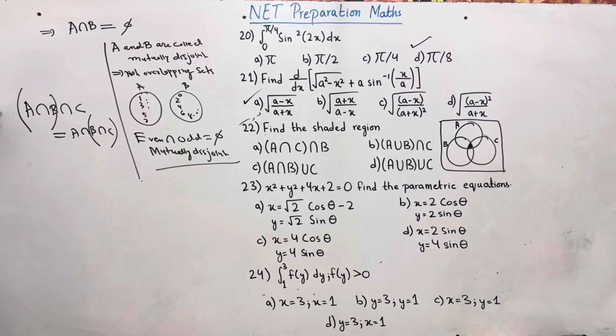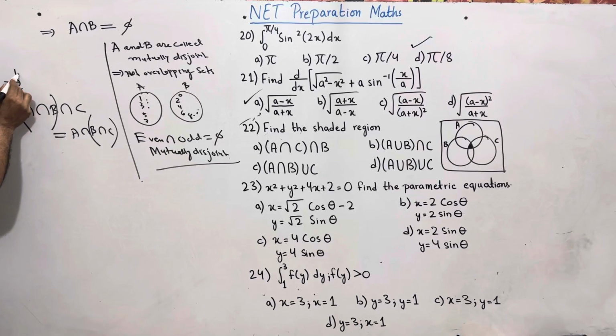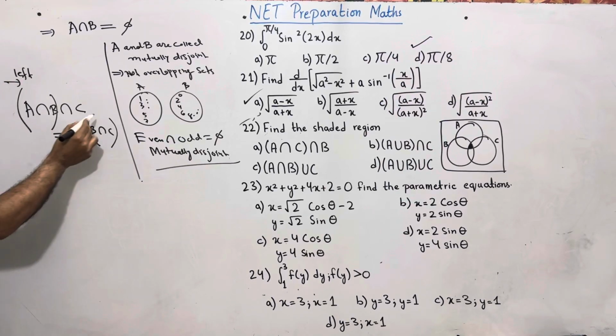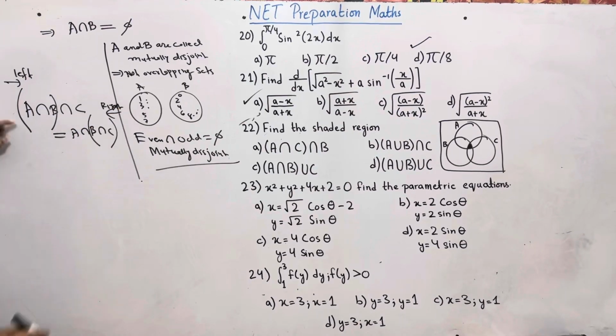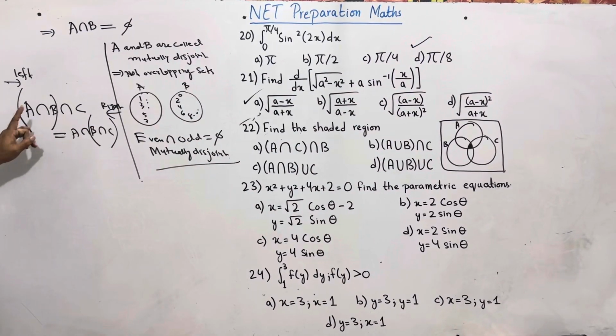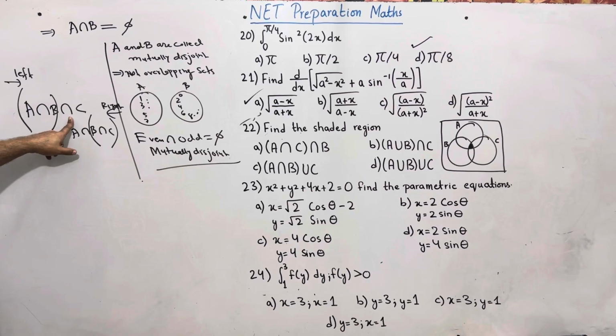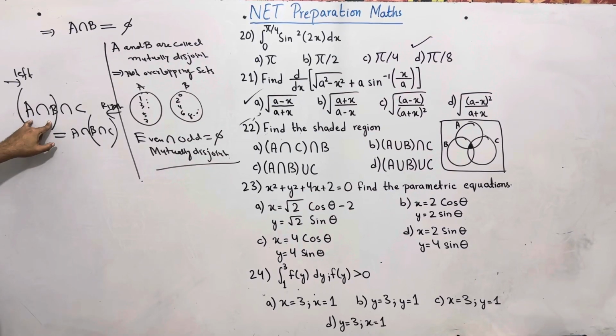It means that one is going to start from the very left and the other from the very right. First, compute A intersection B; whatever the result is, find the intersection with C. Start from the bracket: first simplify the bracket.